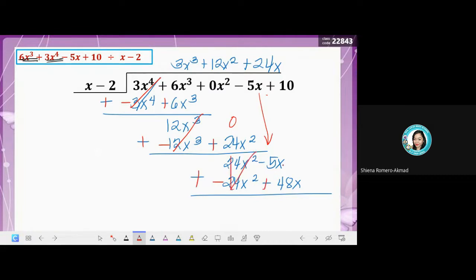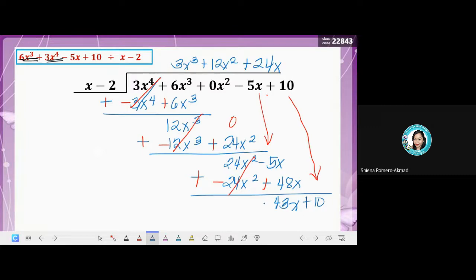So this is 0. Now, what will be our answer here? Negative 5 plus 48. This is positive 43x. Or simply 43x. Then bring down 10. We'll have positive 10.